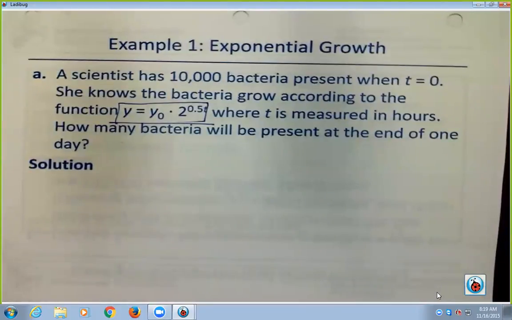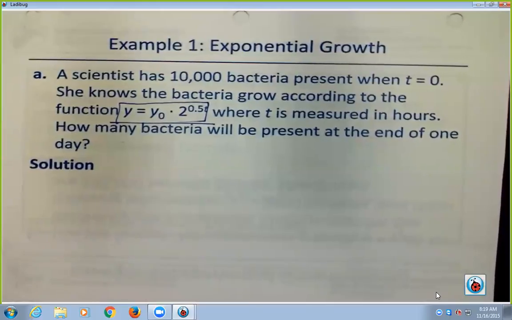So our story problem says a scientist has 10,000 bacteria present when t is 0. So basically what this means is that the Petri dish has just been filled with the bacteria. We're going to see what takes place with that bacteria. And as you know, with bacteria, it always grows. It doesn't decline. And some bacteria grows very rapidly.